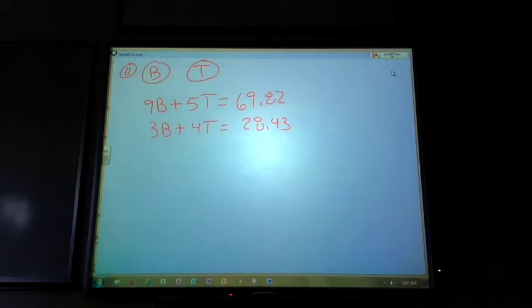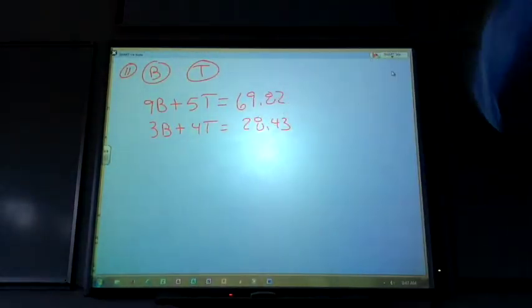I have B representing burritos and T representing tacos. You still with me? Okay. Do you feel that I have an opposite sign of B's, meaning one positive, one negative? No. What about T's? No. So what I have to do is make sure I'm multiplying by a negative if I only have to do a single number.